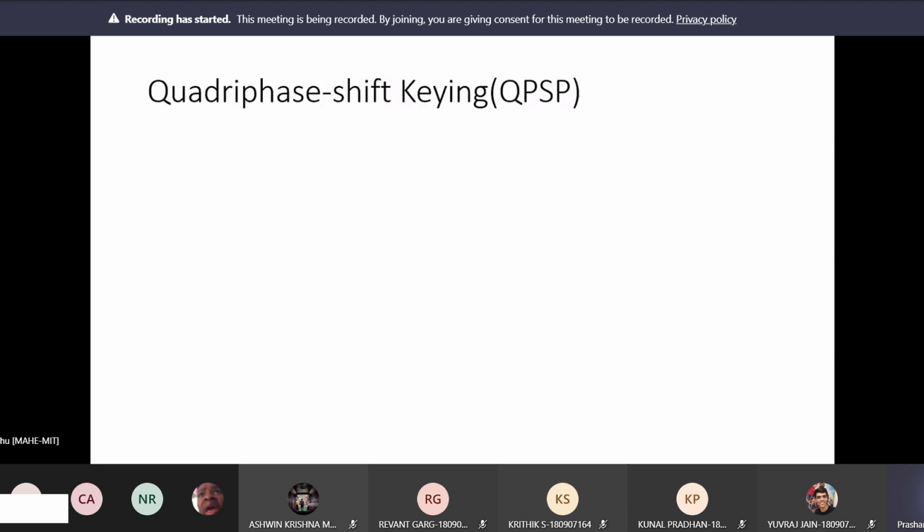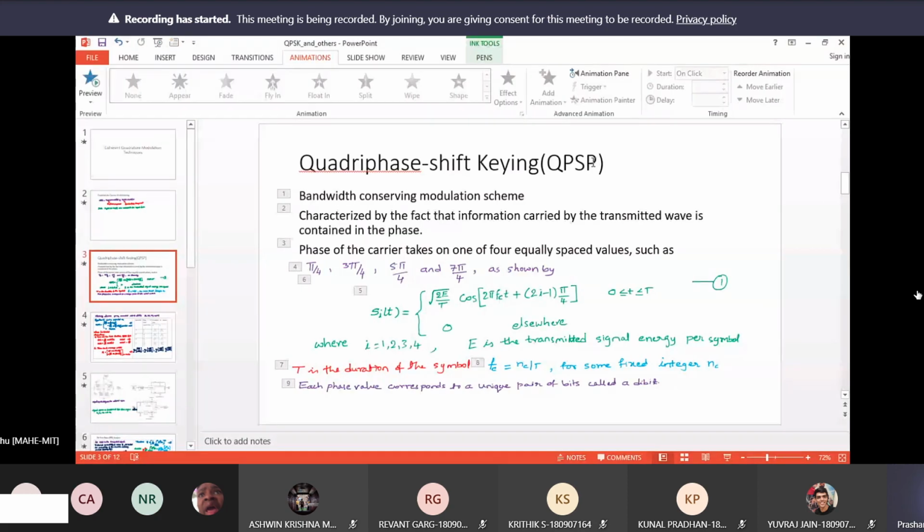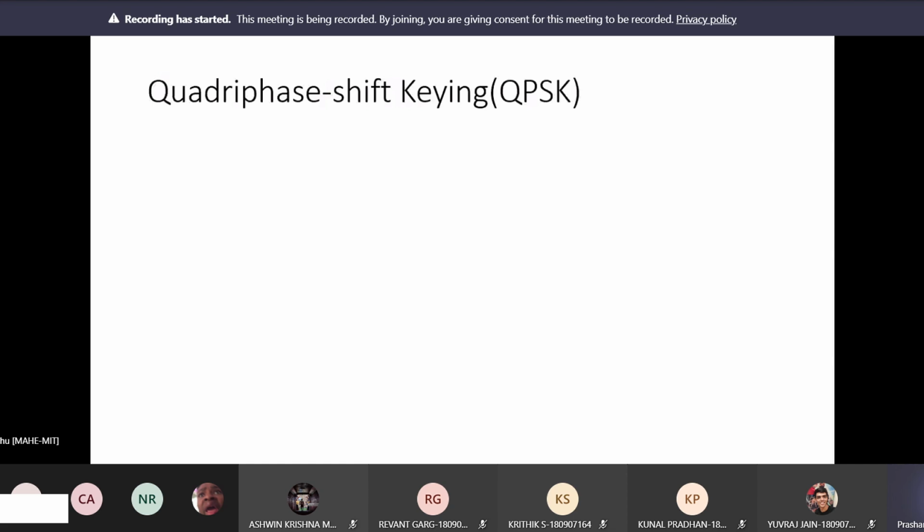QPSK, it is quadriphase shift keying. This is a bandwidth conserving modulation scheme, right?